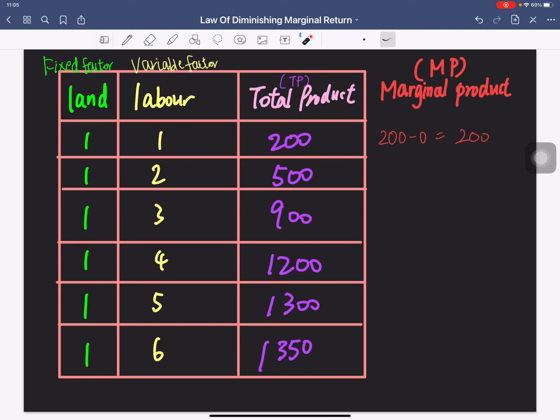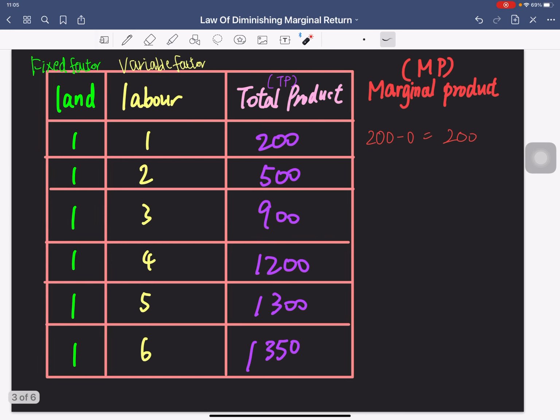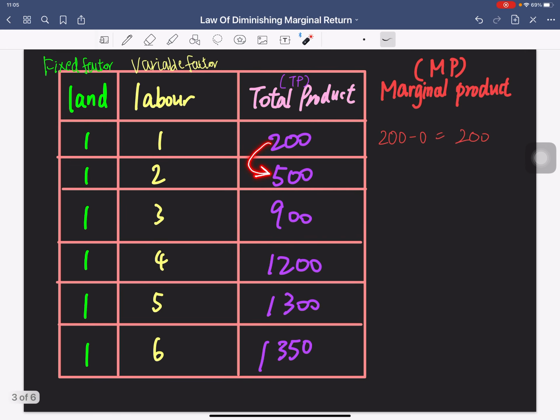Let's try another one. When our variable factor increases from 1 to 2, we're employing 1 additional unit of labor. The total product is going to increase from 200 to 500. Then we use 500 minus 200 to find this 300 as the additional output due to the increase of 1 unit of labor.